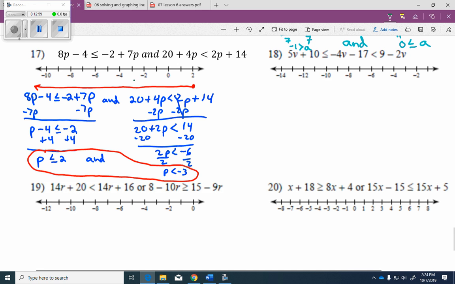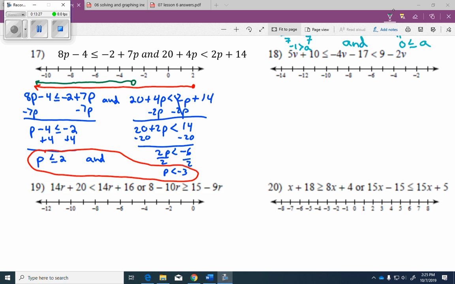It's an open circle. And it goes less than. Remember, I'm looking for an overlap. So if I were to squeeze these two number lines together, I don't think I could actually pick it up. If I did squeeze them together, you could see that the overlap would be here. It would be to the left of this open circle.